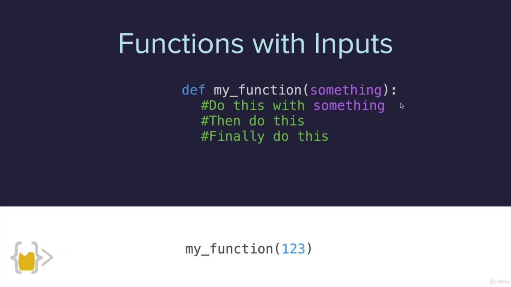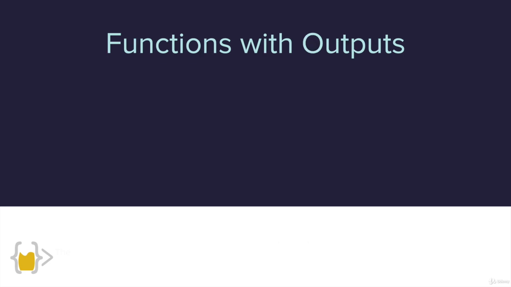We're now on to the final flavor of functions, and these are functions which allow you to have an output once the function is completed. We start off with a simple function, and in this case you'll notice that I'm not giving it any inputs. The inputs and the outputs are completely separate from each other. So this is a normal function that you've seen many times now.